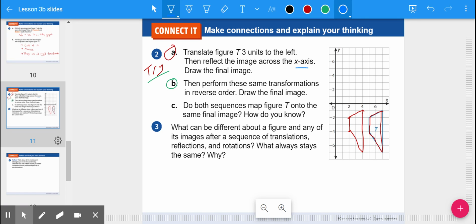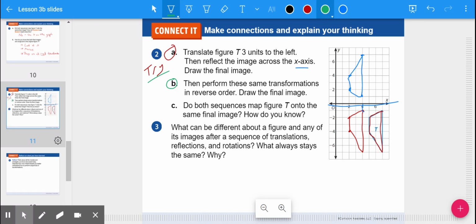It's got to go over the x-axis, same distance, so 1 away here, it should be 1 away here. 2 away here, it should be 2 away here, and so on. So there, we got 4 away, and then we've got 7 up over here. So there's my final image.